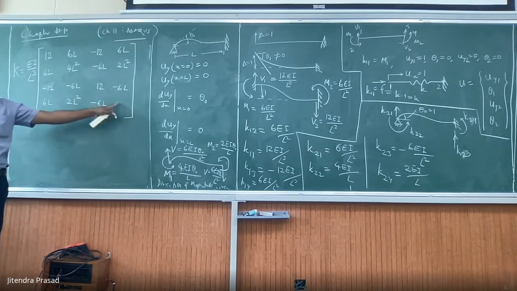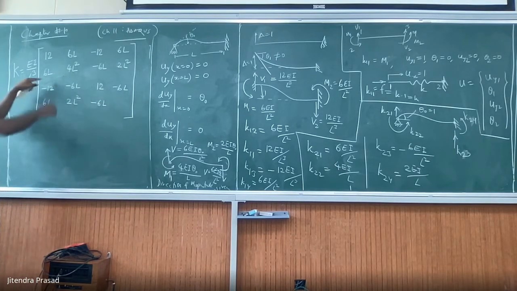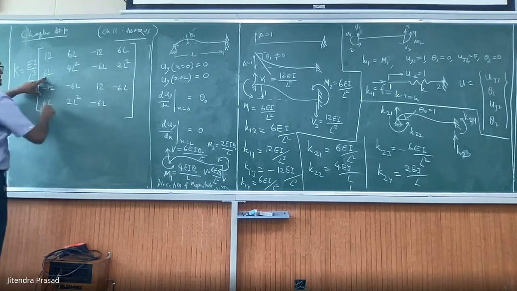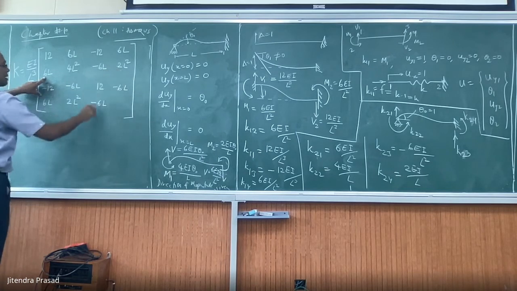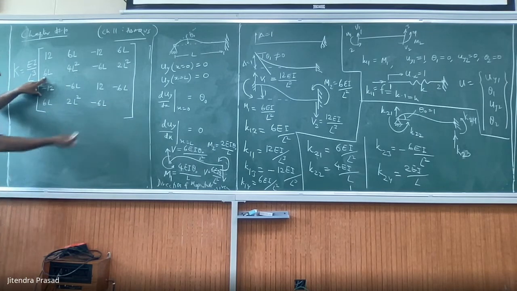What is this? You see here, this and this are equivalent. You have 6L, you have 6L, 2L square, minus 6L, minus 6L. What should be here? 4L square.